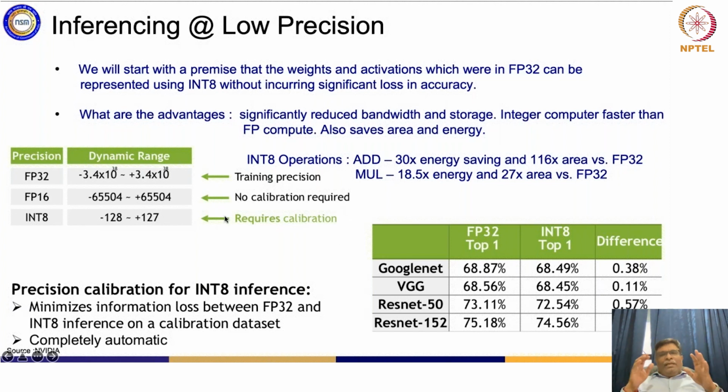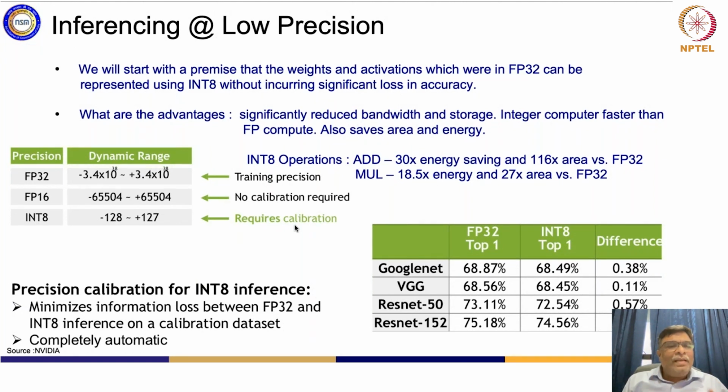We'll not discuss it in today's class, maybe we'll tell you something about that in tomorrow's class. The idea is this requires some calibration because you will have to map it from a very different dynamic range to a very small dynamic range of minus 128 to 127, right?